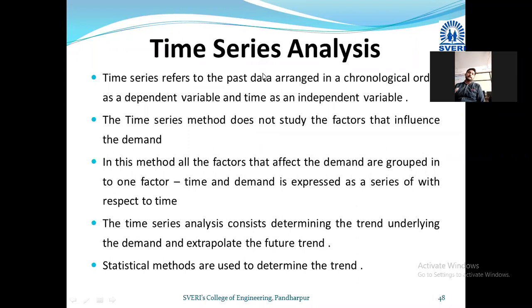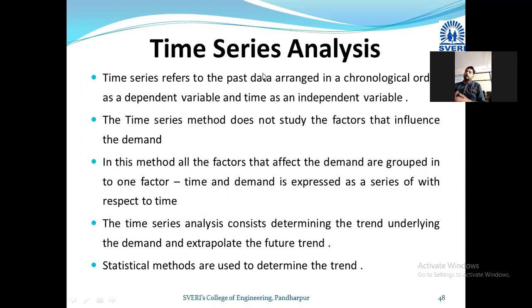Now in a time series analysis, you have a fixed amount of data or past data in the sense of a chronological order, or we can say in a serial manner. And here the variable is only time. Here we are not going to consider the different parameters which are affecting the demand or the sale quantity.